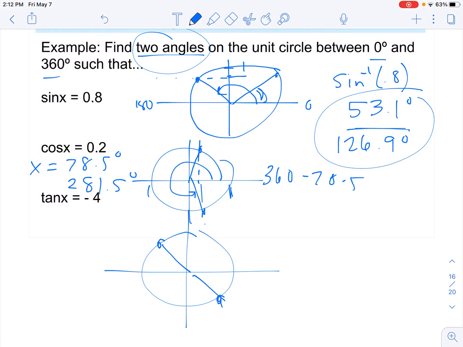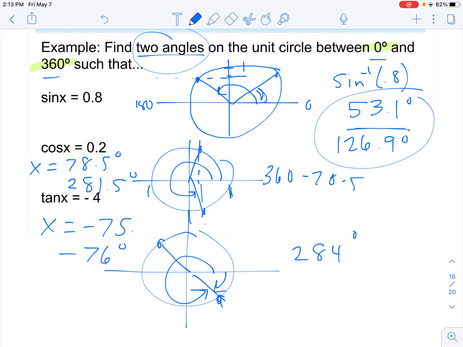When I did that, I got x equals negative 75, if we round, negative 76 degrees. Negative 76 degrees is not an angle between 0 and 360. It's this angle right here. We want to give it between 0 and 360, so I'm just going to add 360 to get my angle in the fourth quadrant, 284 degrees.